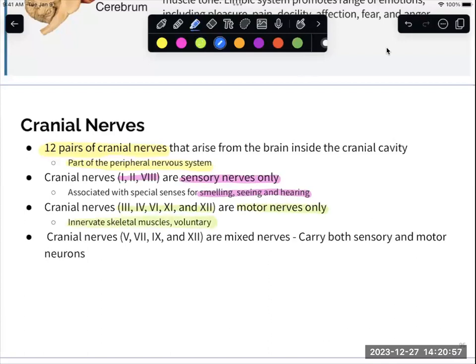And then cranial nerves 5, 7, 9, and 10 are mixed nerves, because they have sensory and motor attached to them. It should be 10, as I'm sitting here thinking. That should be 10. There we go.